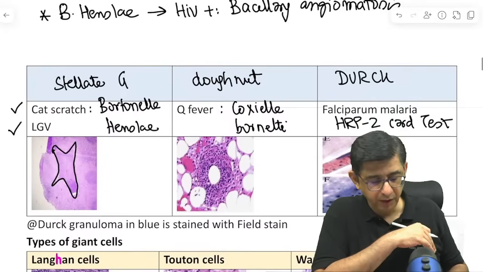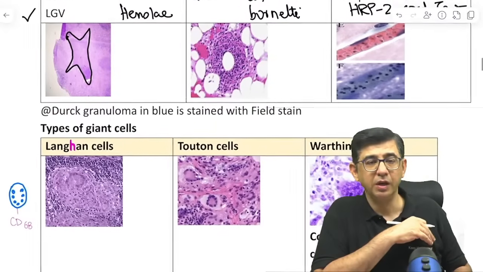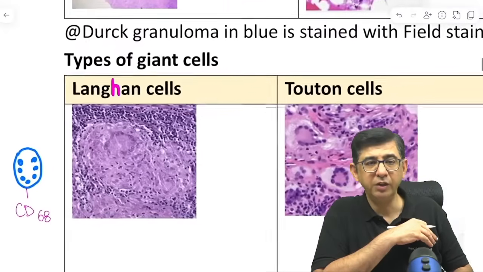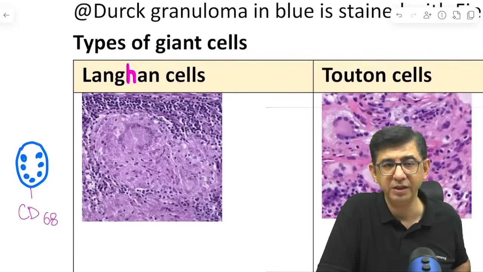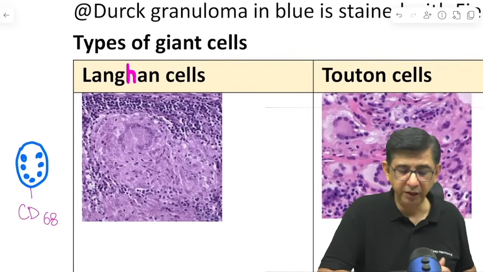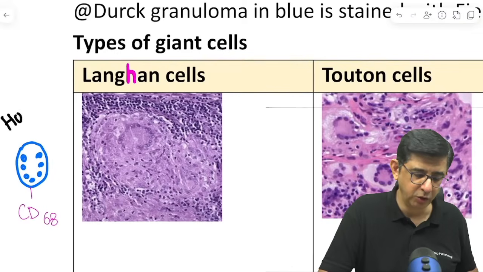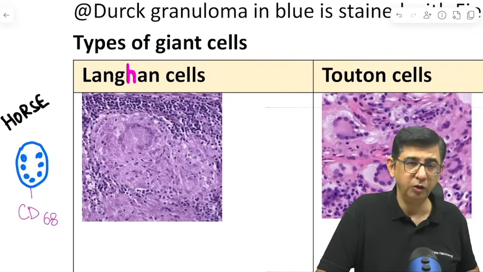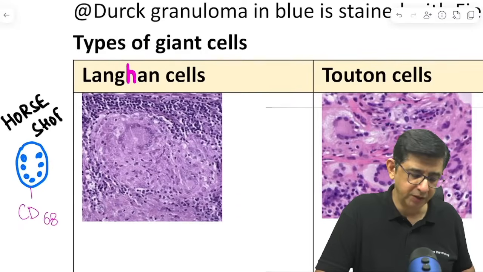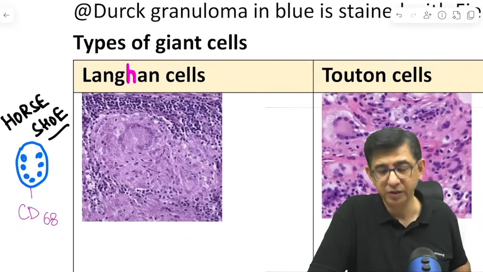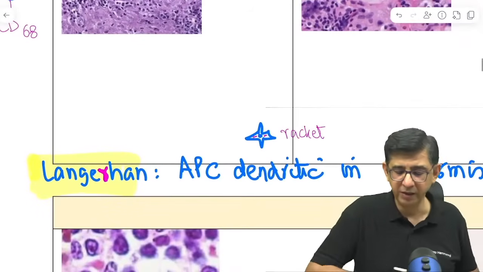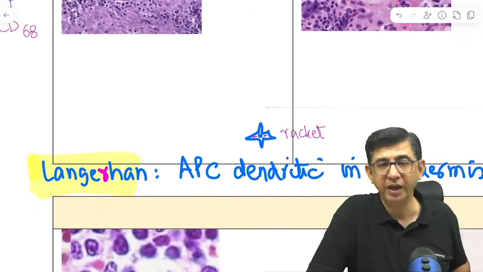And then comes the aspect of giant cells. The types of giant cells that we come across: one is CD68 positive, that would be the Langhans type of giant cells. The word H in Langhans is telling you that it is horseshoe shaped. If I contrast this with Langerhans, the word R comes in, that is tennis racket appearance.